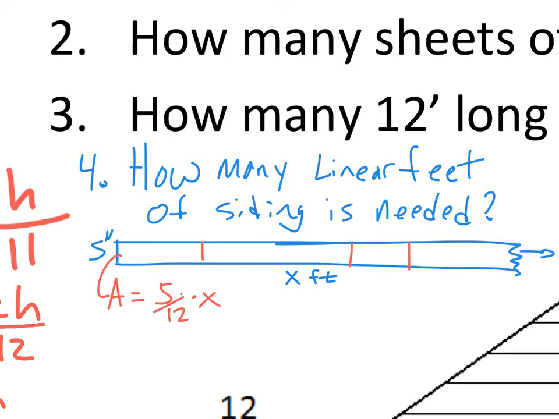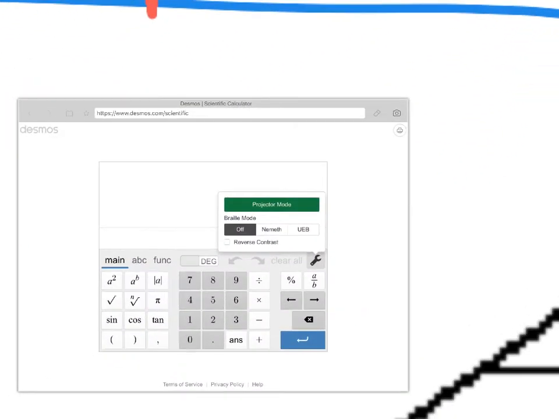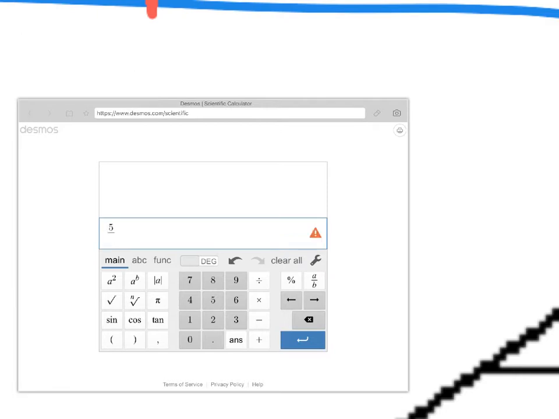Well, we need that to be equal to the area of the house. So we need 300.6663, it was, equals 5/12 times x. And 5/12 gives us 0.416 repeating.